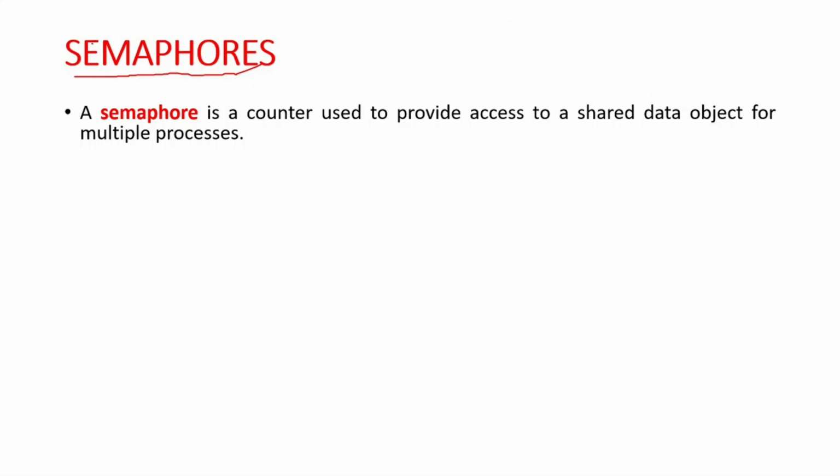The name might be very complex, but it is actually a simple counter, and it is used to restrict access to some shared resource. Let me write this as one resource R, and each resource will have its associated semaphore. It's a counter value with some positive value.